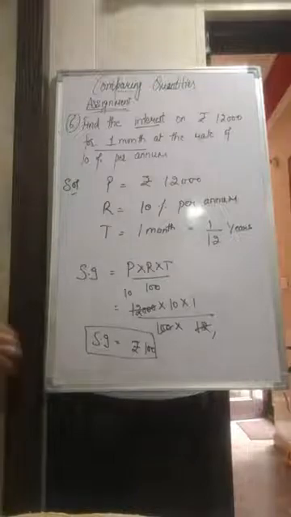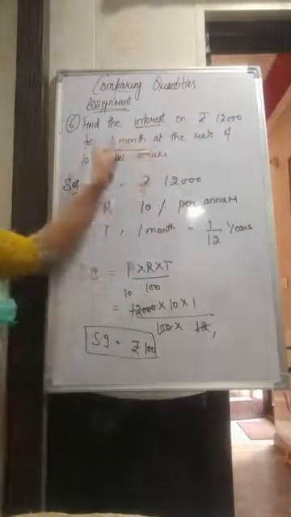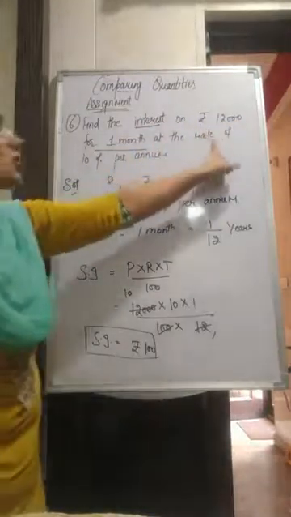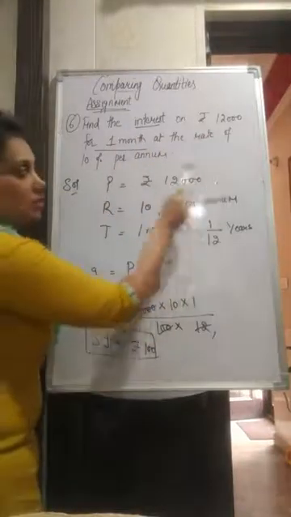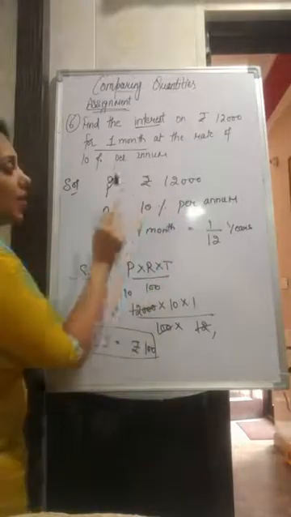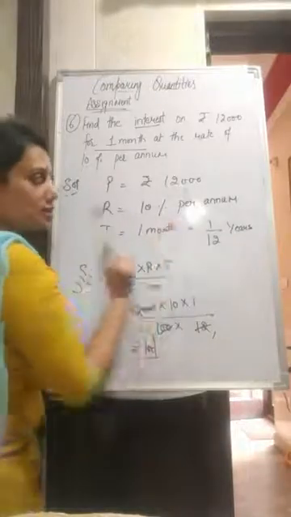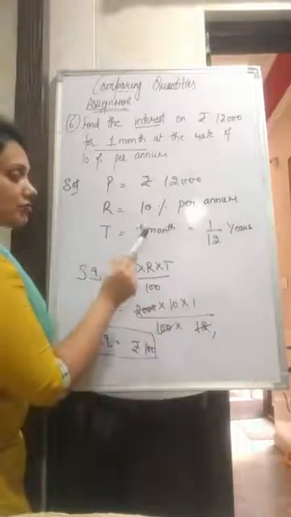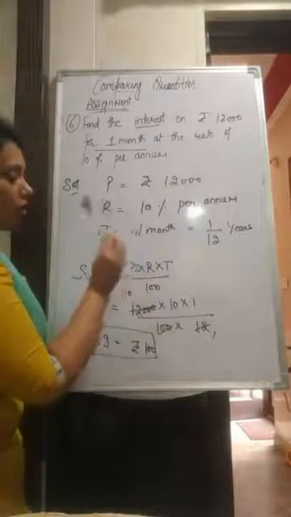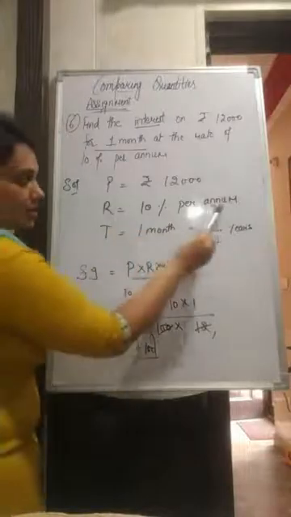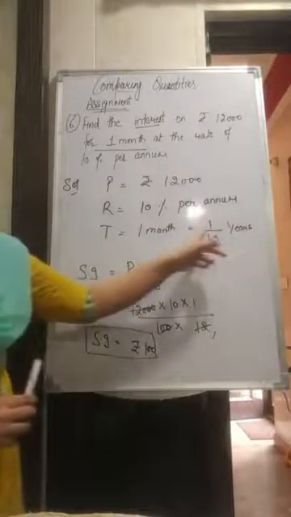Now let us discuss this question again. Find the interest on rupees 12,000 for 1 month at the rate of 10% per annum. It means if a person is depositing rupees 12,000 in a bank and he is getting 10% rate of interest per year, then after 1 month what will be the interest which he will be getting? As rate is given per annum, we have converted our time in years.